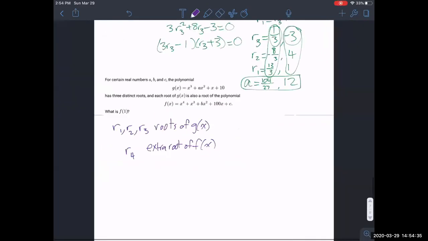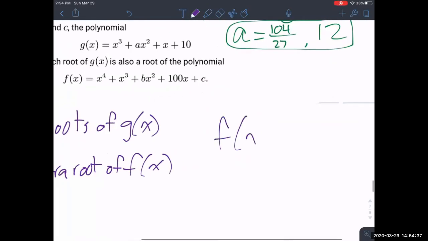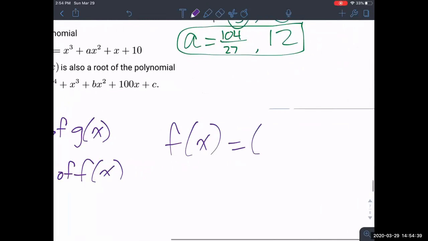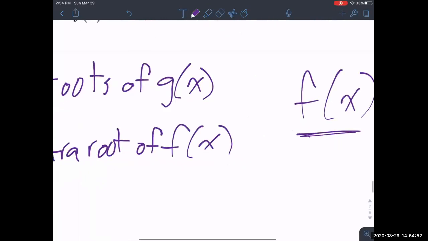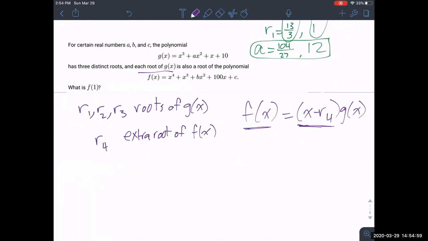We know that all of the roots of g(x) are roots of f(x), and we're also including that R4 term. Let's start with Vieta's formulas on just the sums.